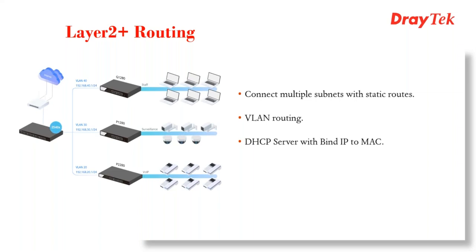With VLAN routing, a DrayTek switch normally provides connectivity with VLAN tags, which separate networks at layer 2 using the MAC address, and relies on a router to connect different networks. However, the layer 2 plus switches using VLAN routing allow for layer 3 routing using IP addresses, so it can connect different IP subnets.